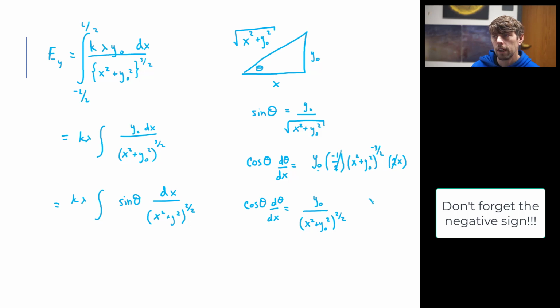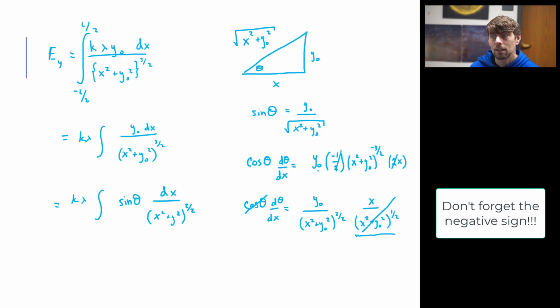And then I have an x over x squared plus y naught squared to the 1 half. But look, that second term, if I go back and look at my triangle, this second term is cosine of theta, which means this cosine of theta cancels out that.